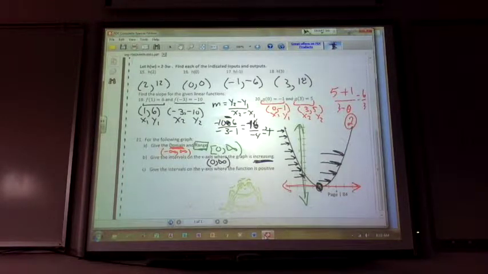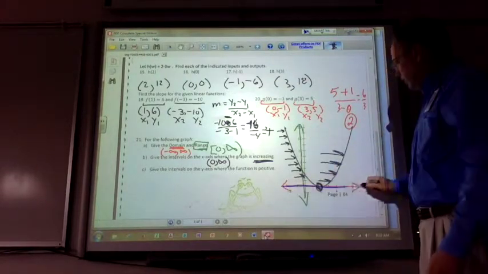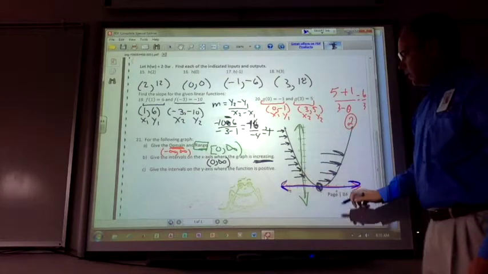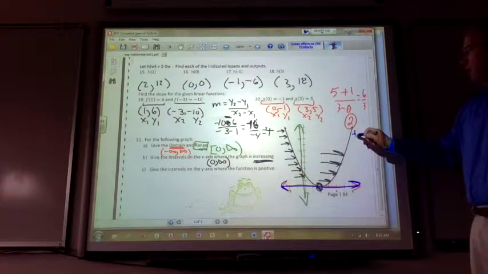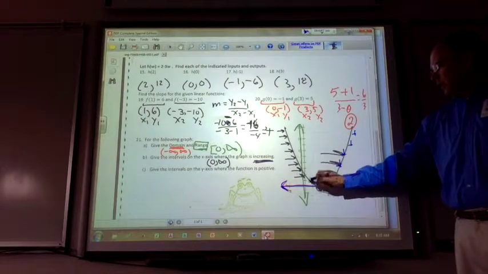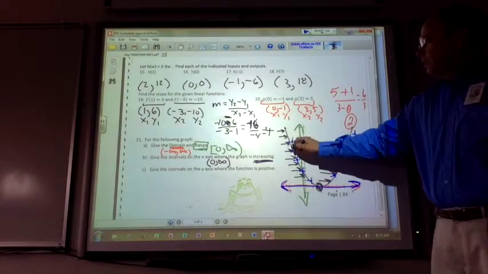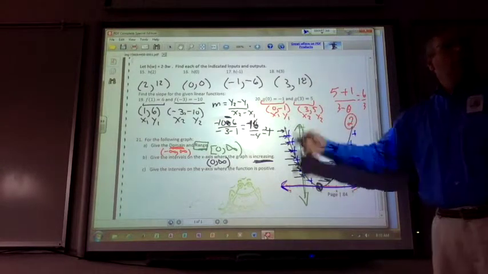Where are the intervals on the y-axis where the function is positive? Positive means it's above the x-axis. Are all these values over here positive? Meaning, what are my y values?